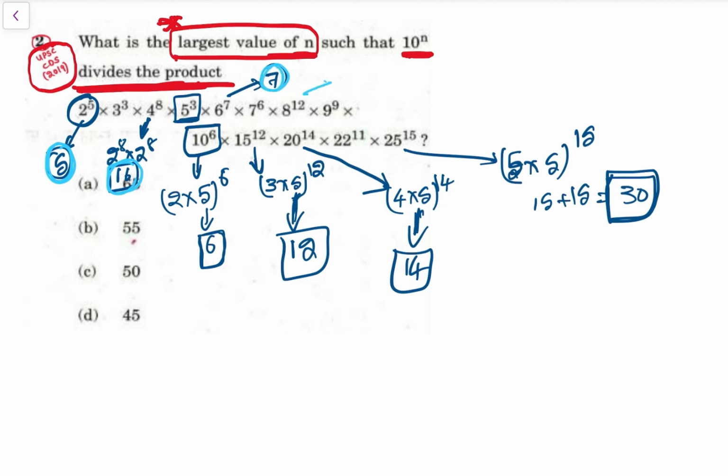Then 8 to the power 12: 8 is 2 to the power 3, so 2 to the power 3 into 12, that is 36, and so on. So there are many twos. By seeing it we can say there are many twos; here also twos will come, 10 also has twos.